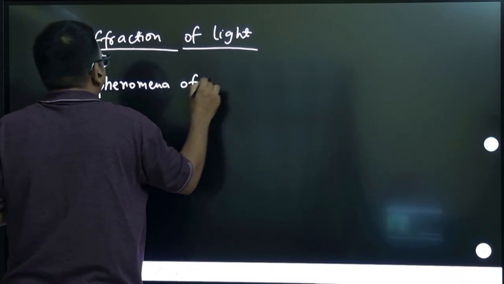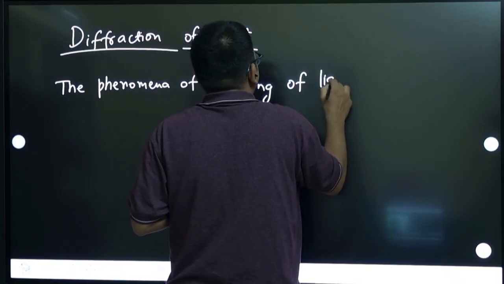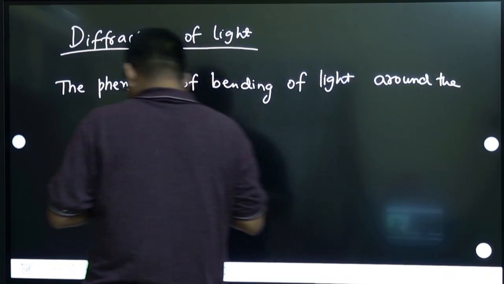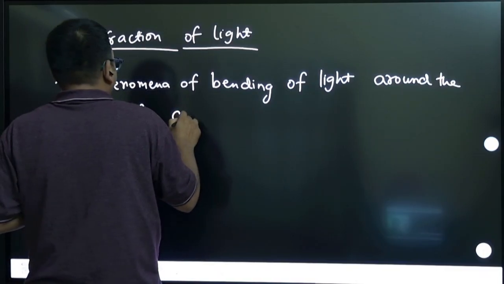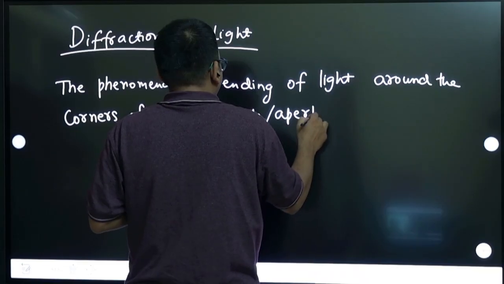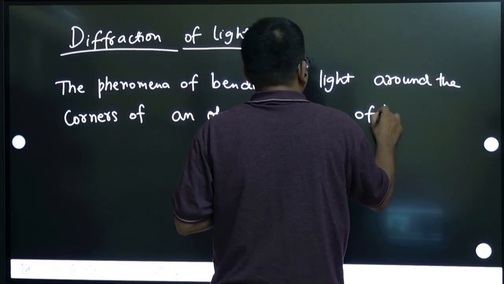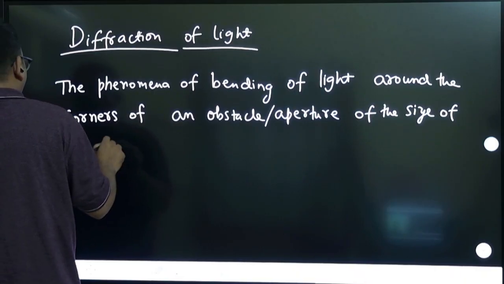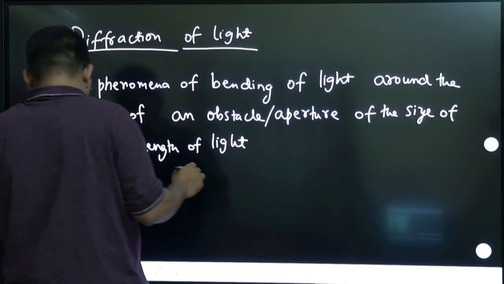The phenomena of bending of light around the corners of an obstacle or aperture of the size of the wavelength of light is called diffraction.